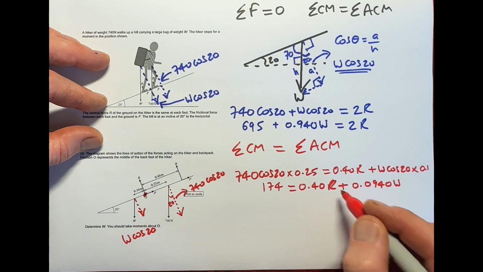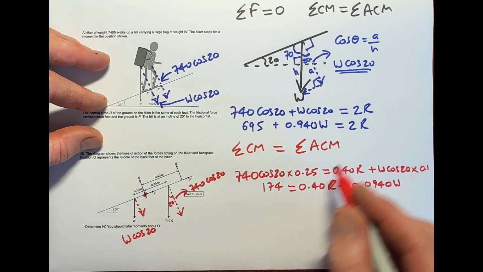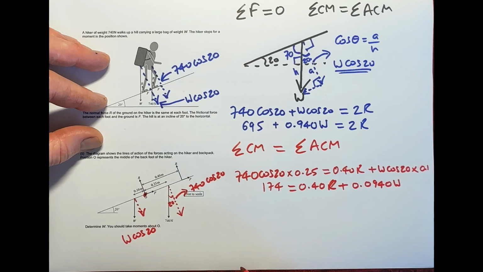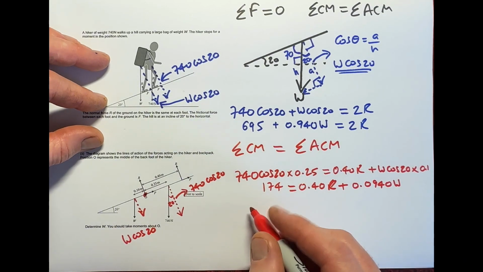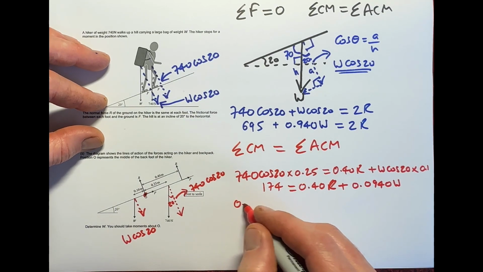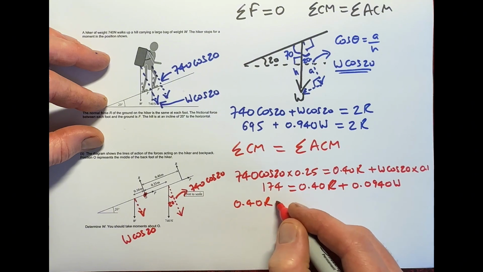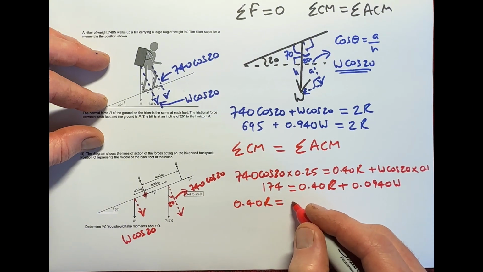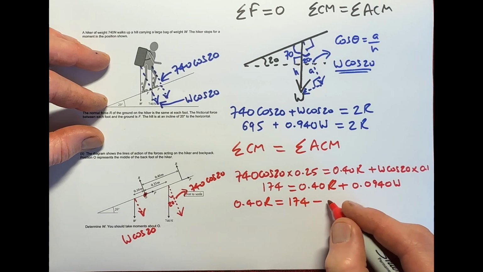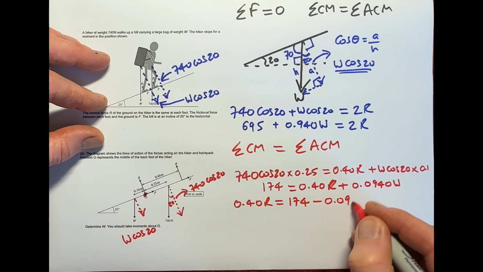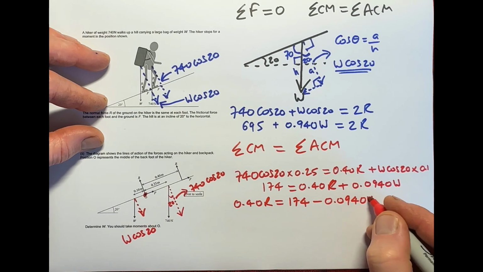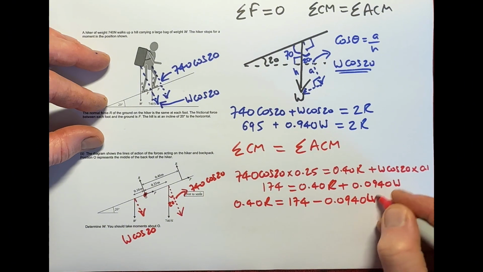So we need to make R the subject and then substitute it into this equation here. Okay, so the way we can do that is, we know that 0.40 R is equal to 174 take away 0.0940 W, okay, so I've just rearranged that equation there.